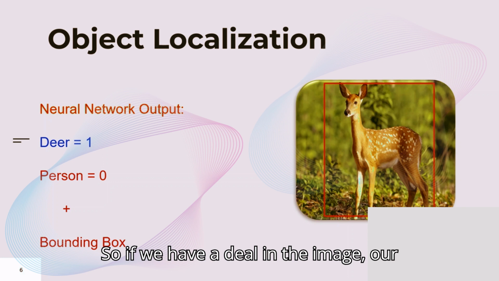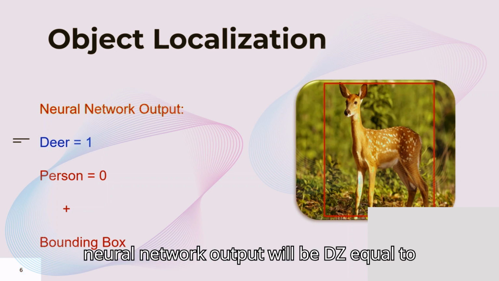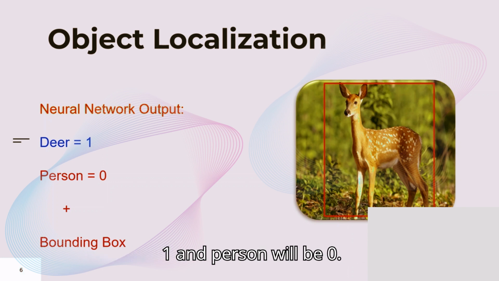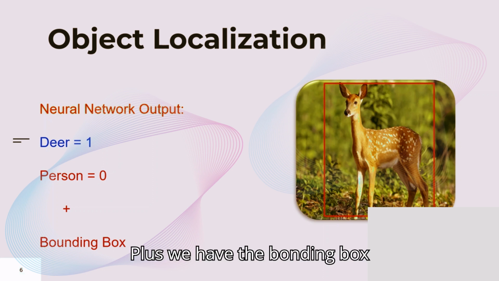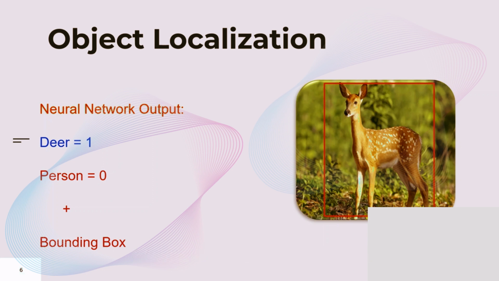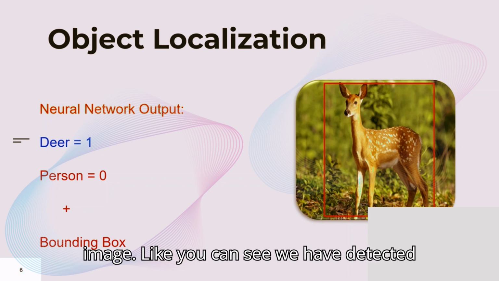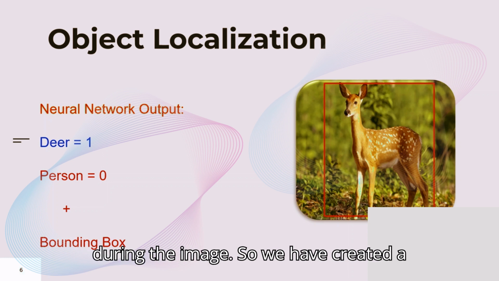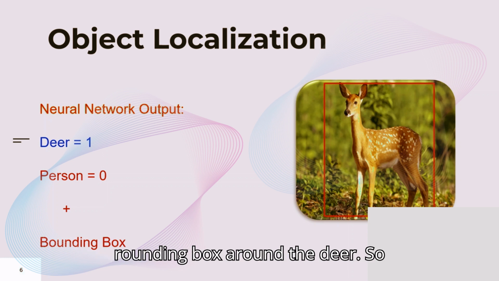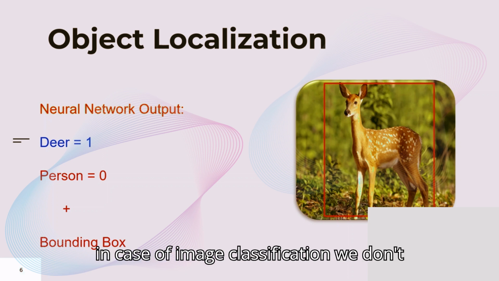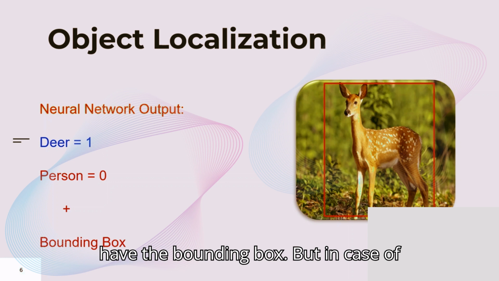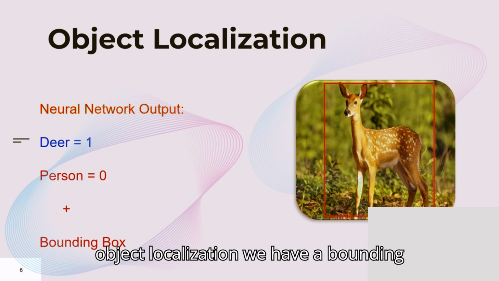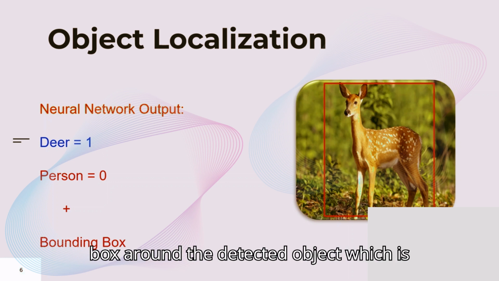So if we have a deer in the image, our neural network output will be deer is equal to 1 and person will be 0. Plus, we have the bounding box around the detected object. Like you can see, we have detected the deer in the image, so we have created a bounding box around the deer. In image classification, we don't have the bounding box, but in object localization, we have a bounding box around the detected object, which is the deer over here.